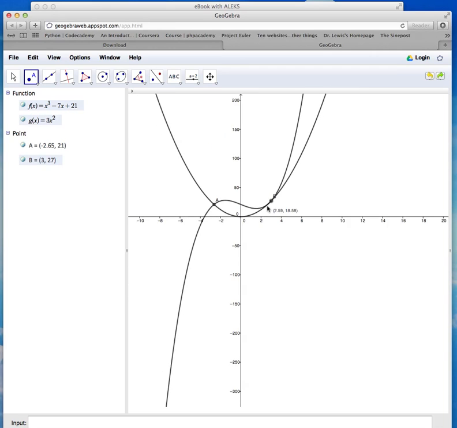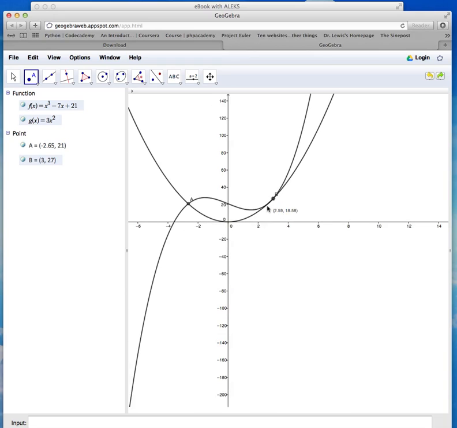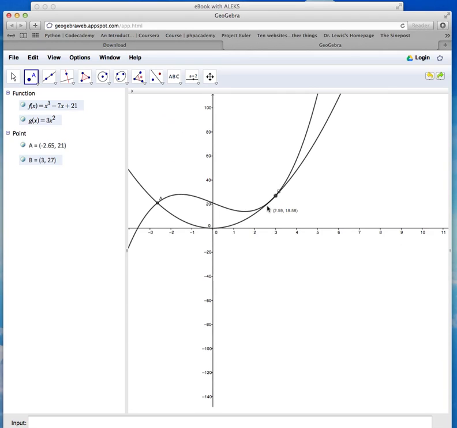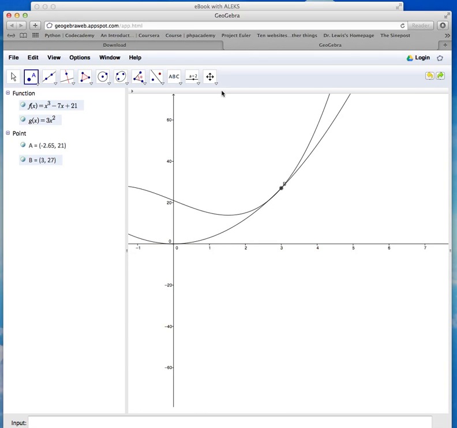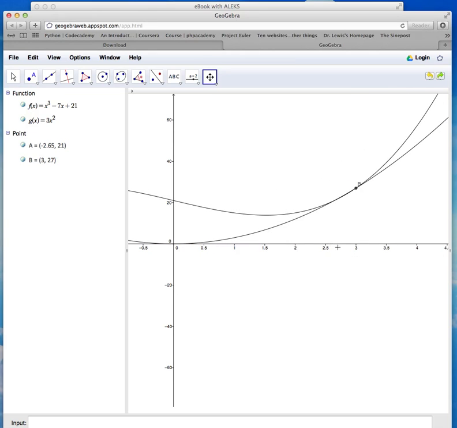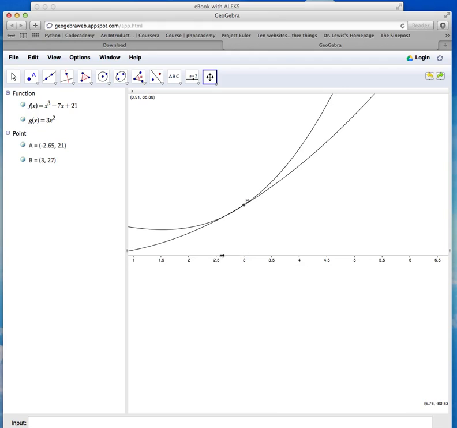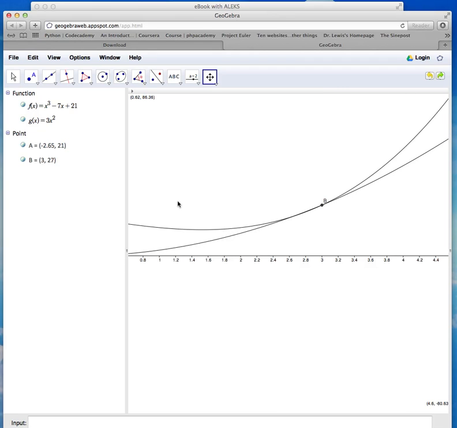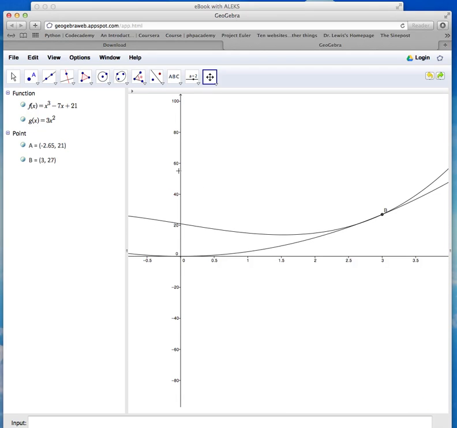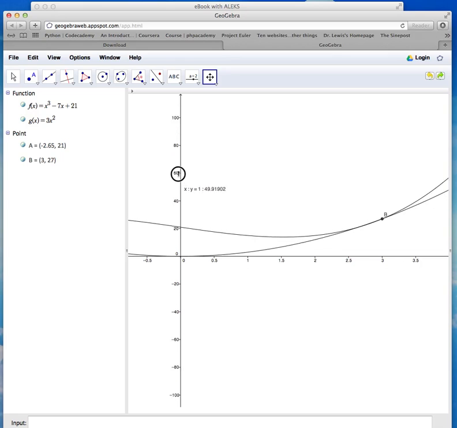If I zoom in, let me zoom in. If this thing's going to let me zoom in, I'll grab this tool. Move my graph over. A little hard to see.